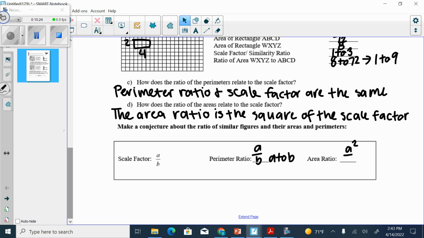A squared over B squared. Very good. You also could write this as A squared to B squared. Okay, so if maybe they just give you the scale factor and they ask what would be the area ratio, you don't actually have to draw it out and find the areas. All you need to do is square top and bottom of your ratio. Right?